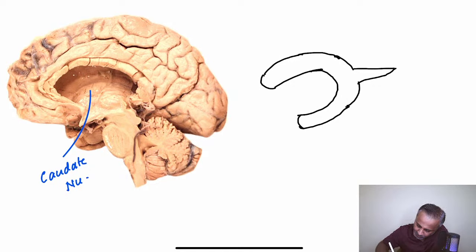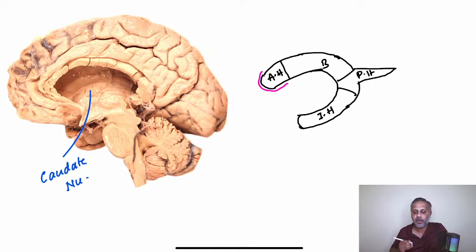Just observe: the genu of the corpus callosum covers the anterior horn and forms the anterior wall of the anterior horn, and then it forms the roof. Right, see, it is not that difficult.